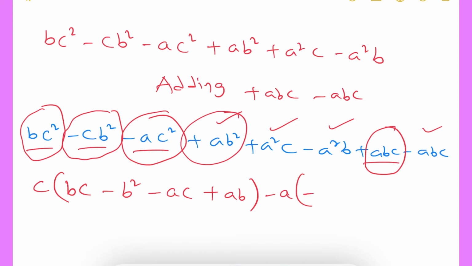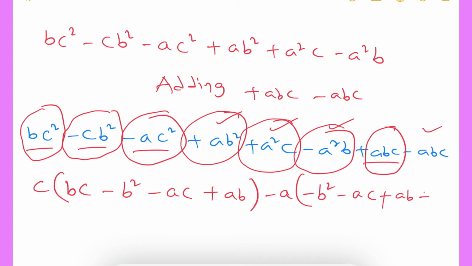AB square, A already completed, then we remain with B square, so it is minus B square. Next plus A square C is there, but we took minus common, so it will be minus. A square C, A already completed, then remains AC. Next minus A square B is there, already minus we took common, so it will be plus. A square B, A already completed, then remains AB. Next last term minus ABC is there, A completed outside, then remains BC.